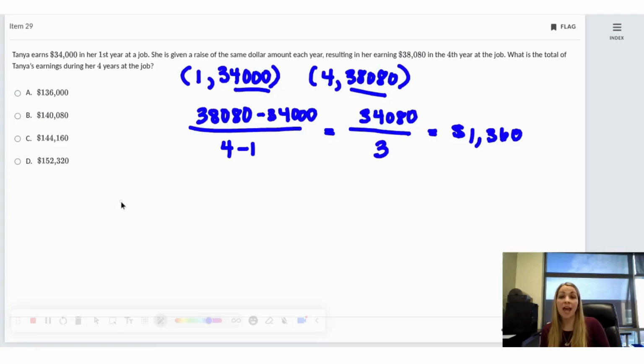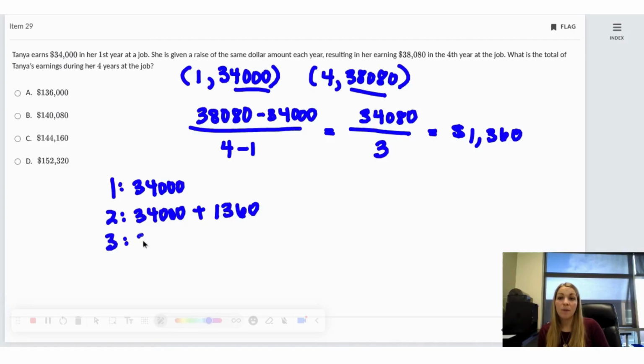So now we just need to add some stuff up. In year 1, she makes $34,000. In year 2, she makes $34,000 plus this raise, $1,360. In year 3, she makes $34,000 plus the raise again.